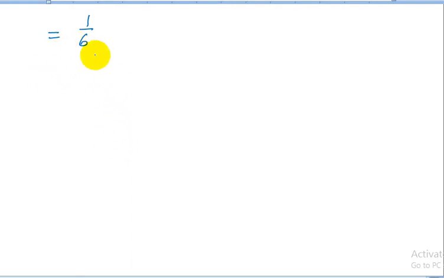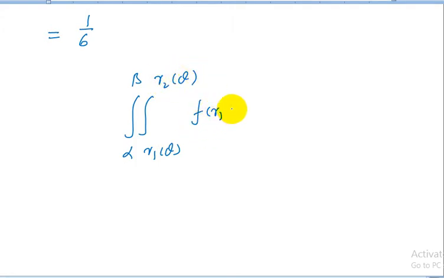Now we find area using a double integral. As we discussed earlier, the double integration from alpha to beta, r1 theta to r2 theta, f of r theta dr d theta represents the volume of the solid between the surface f of r theta and the polar region bounded by these two curves r1 theta, r2 theta, and variation of theta from alpha to beta.